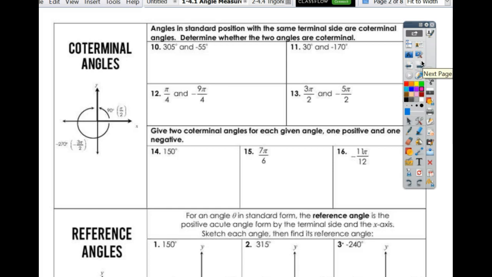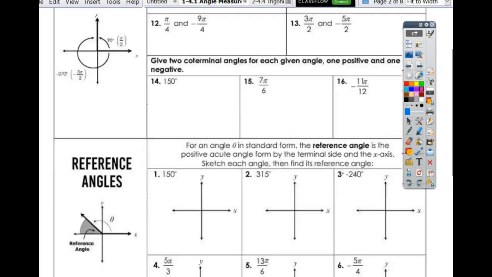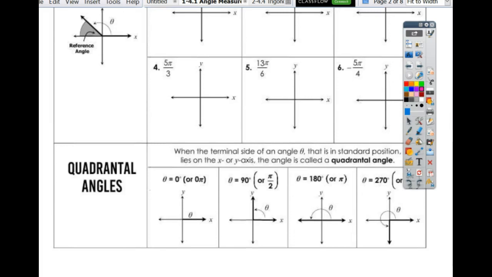Okay, so next, go to the very bottom on your notes. Go to the bottom where it says quadrantal. So a quadrantal means it's an angle that's one of the places where the x and y cross. So at 0 degrees, it's 0 pi. All right? If I go up 90 degrees, it's pi over 2.